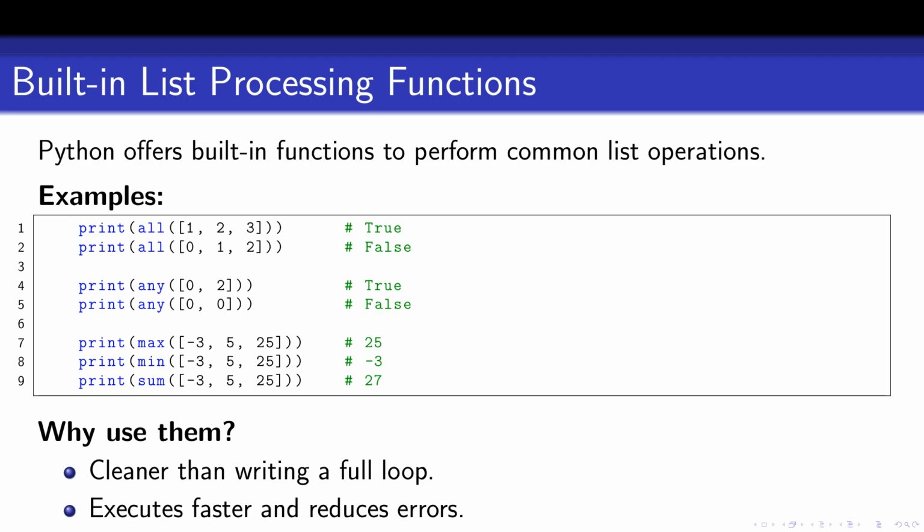Functions like max, min, and sum perform common aggregations with just one line of code. These are far more readable and efficient than writing your own loops. They also reduce the likelihood of bugs by abstracting away the loop logic. When possible, favor these built-in functions for cleaner, faster, and more expressive list operations.